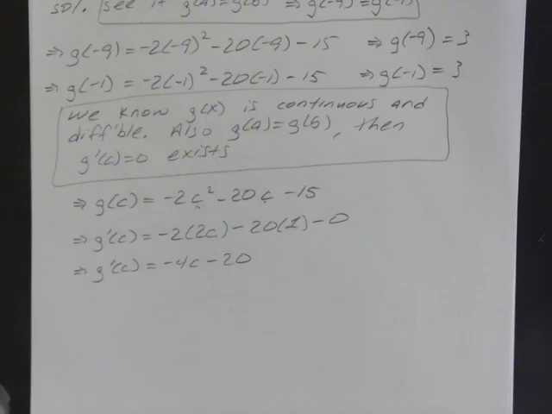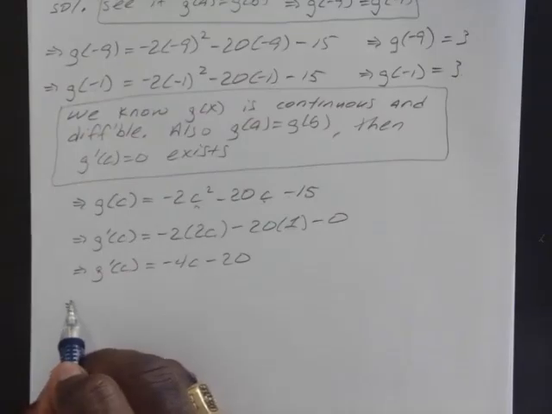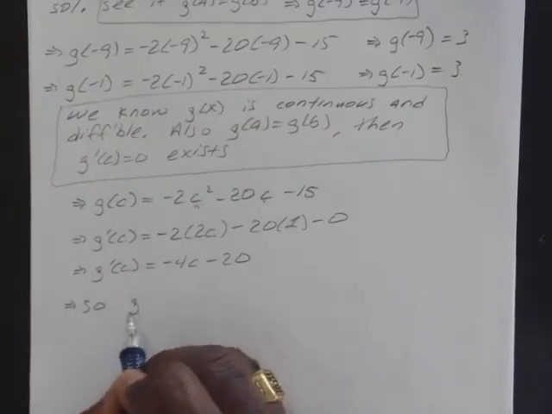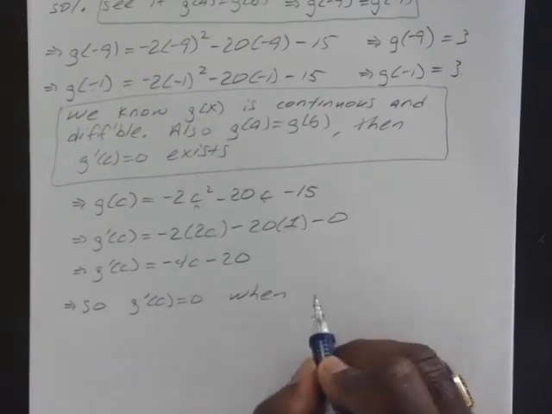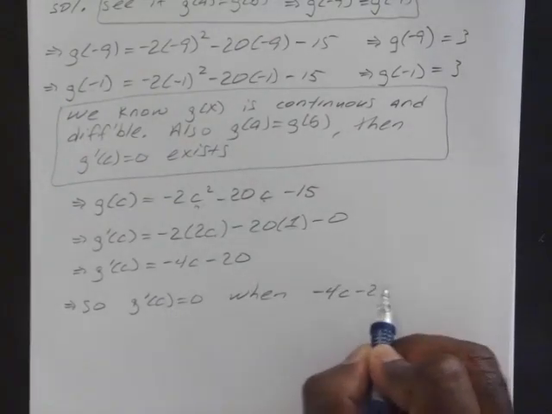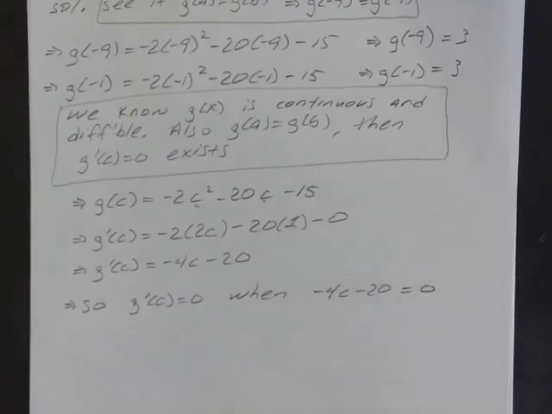Okay. So we know that our g prime of c is equal to 0 when -4c minus 20 is equal to 0.